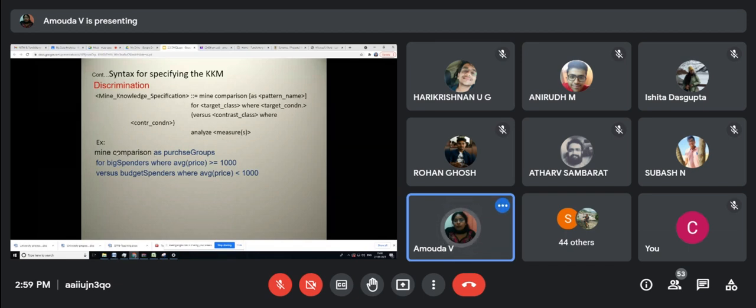So how is it given? Mine comparison. The pattern name is purchase groups, for target class big spenders, with the target condition that average price is greater than or equal to 1,000. So what does it mean? You have to take the big spenders who are spending more, with the condition average price greater than or equal to 1,000, versus budget spenders where the average price is less than 1,000.